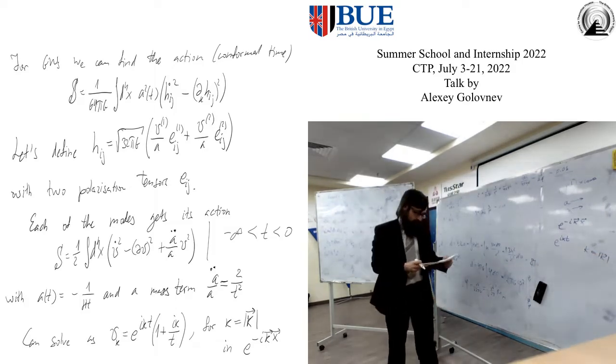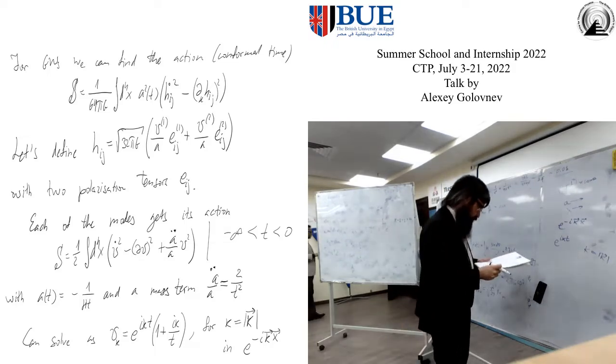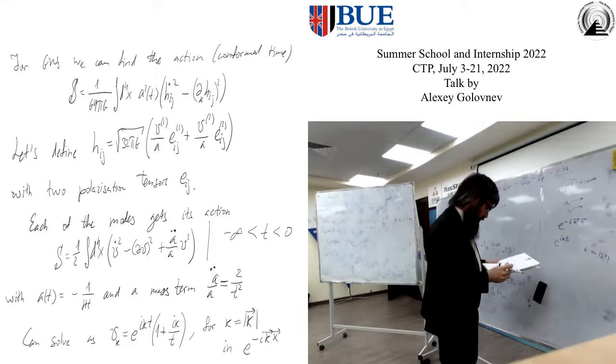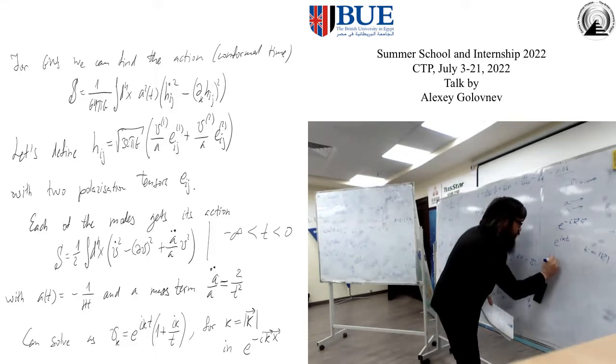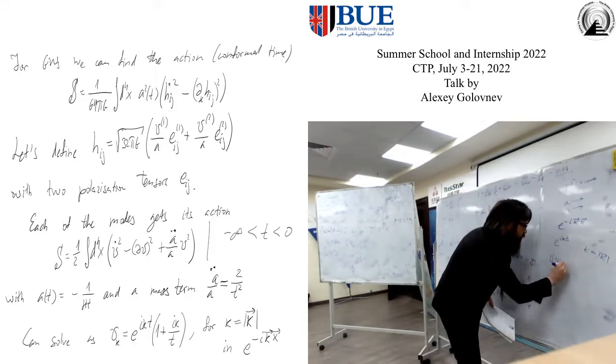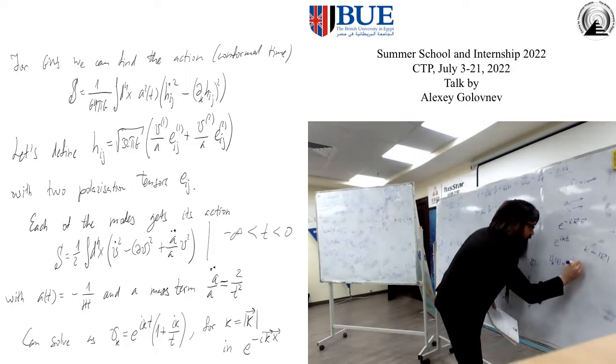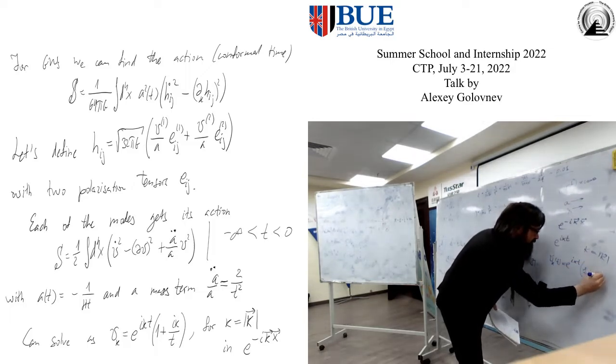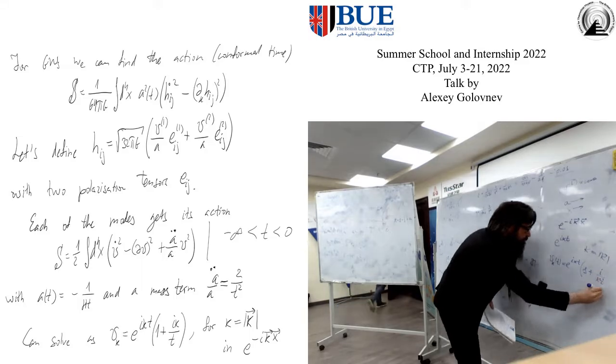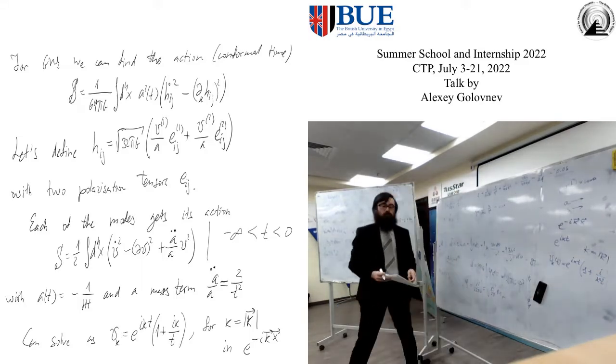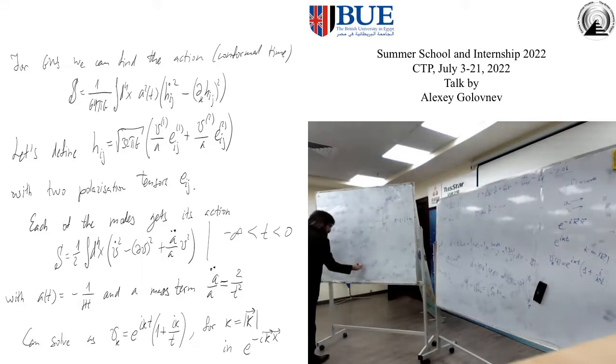So that's what you want to get. And you can look at the equation of motion, and you can check that you can actually solve v_k(t) going like that, and then plus like that. So you can solve the equation of motion for this strange oscillator here.